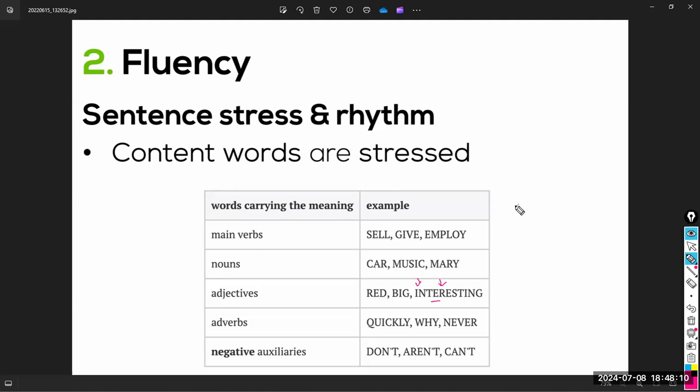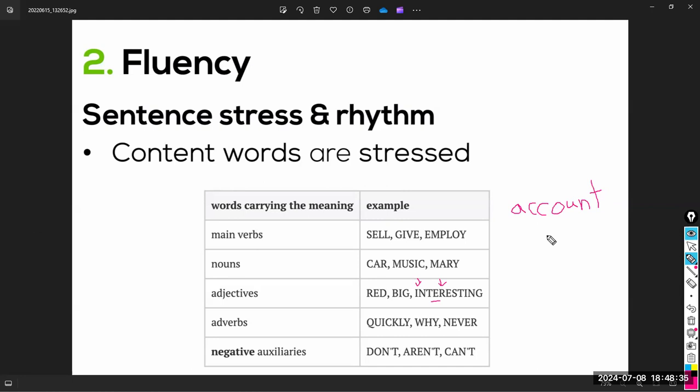For example, let me write another example just to show you what I mean. Can you read this word? Wait, let me write it down. Can you read it, please? Account. Ah, bravo, this is account. Again, I heard some students say it with the wrong stress.